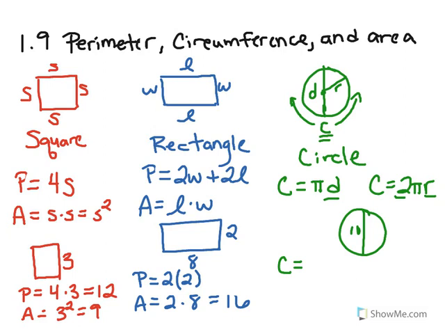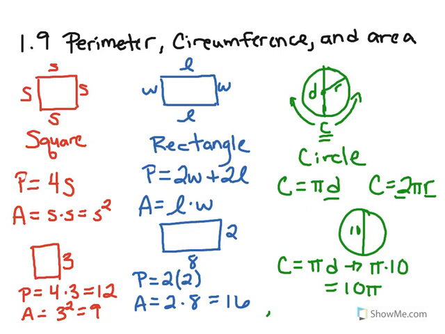So since I have a diameter, I want to use d in my formula, so that would be pi times d, the first one up here, which would be pi times 10, which we want to write as 10 pi. If you have pi in your answer, always write its coefficient first.